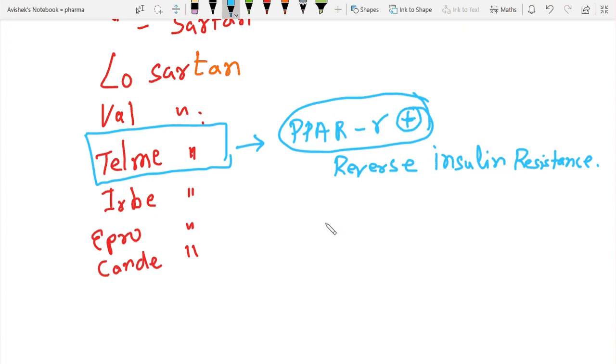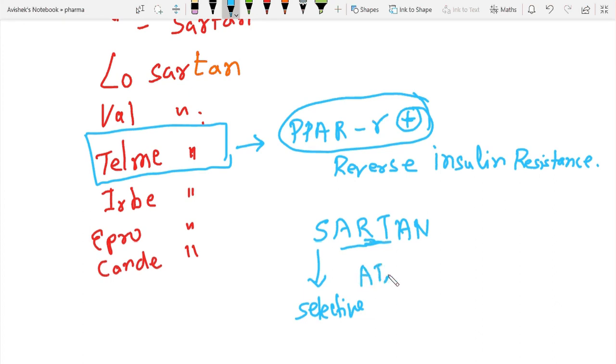So you can remember one more thing with the name of sartan. S for selective angiotensin receptor antagonist.